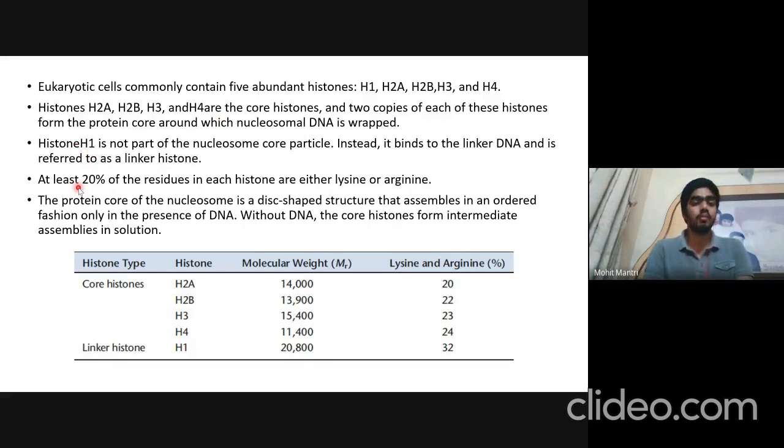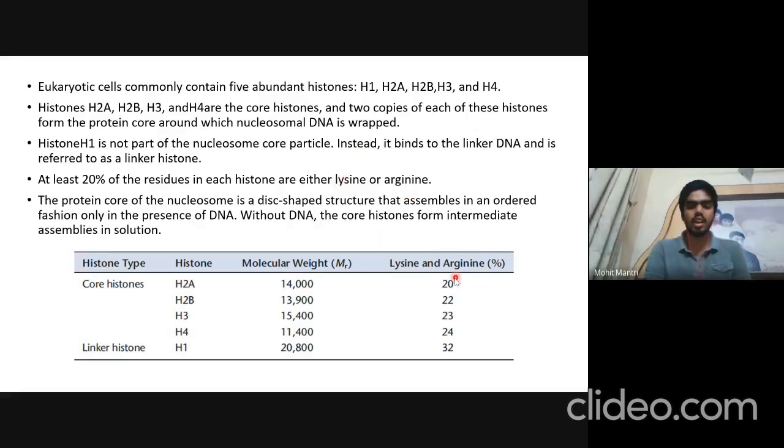Because DNA is a negatively charged molecule, the histone proteins are positively charged to facilitate the binding of DNA around this octamer, and therefore at least 20% of the residues in each histone are either lysine or arginine, which are positively charged amino acids.